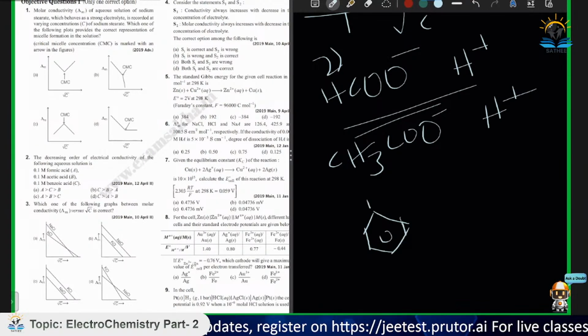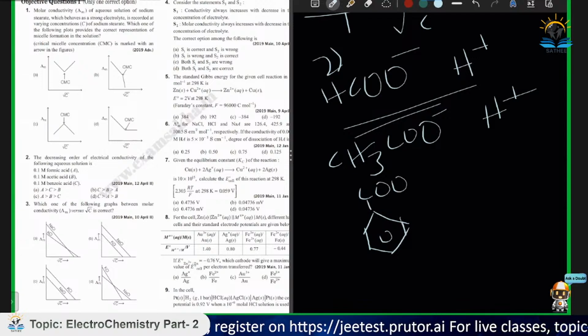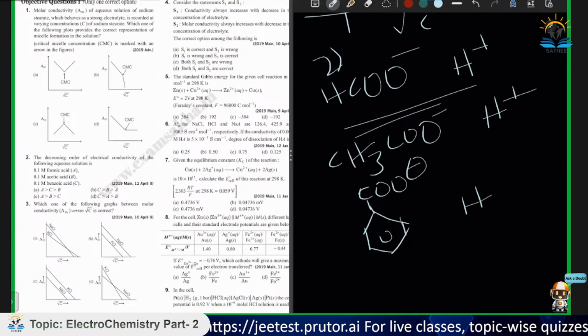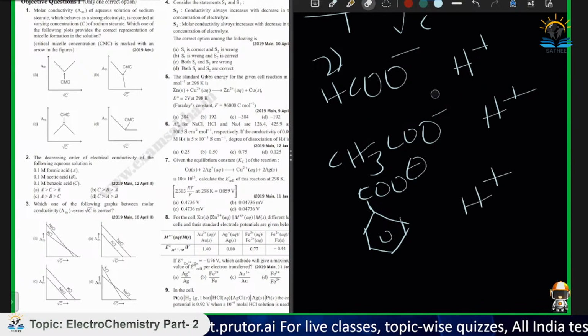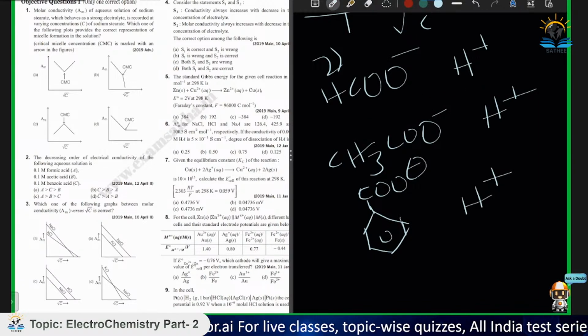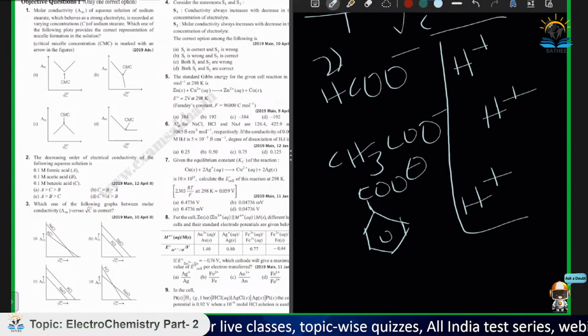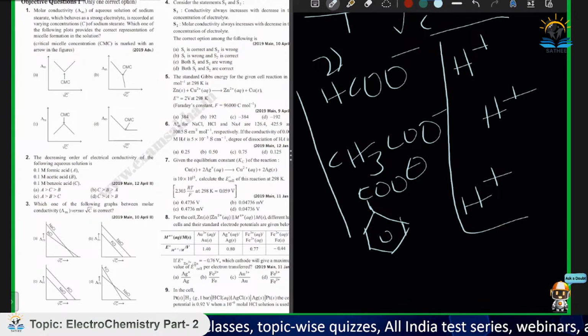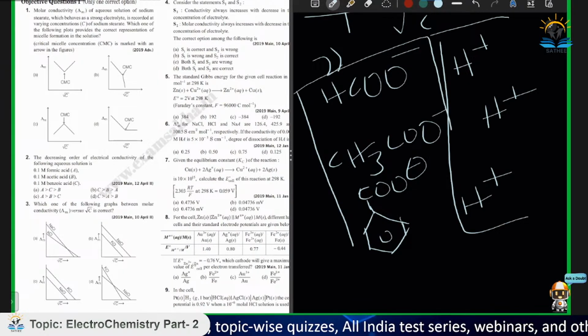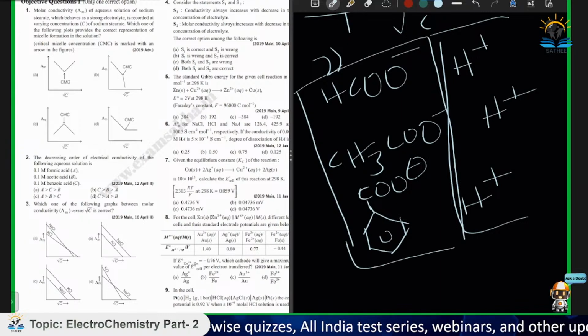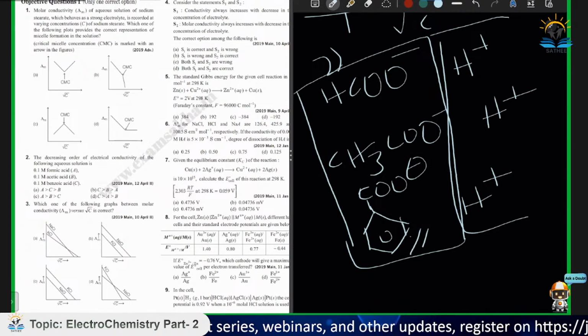Benzene, the benzoate ion, H plus. These three are the same. So now we have to see which one is more stable. This thing is more stable with your organic chemistry.